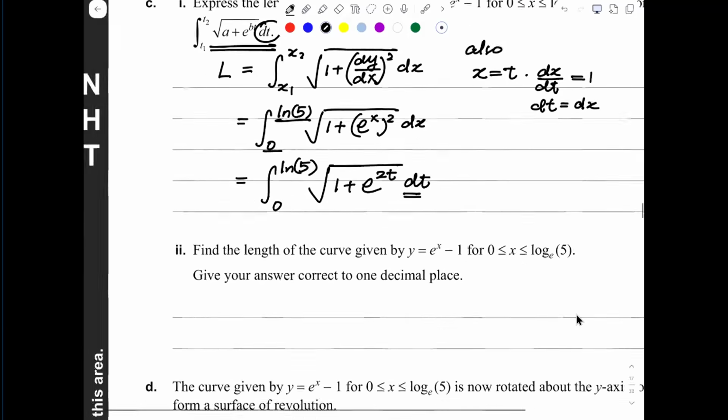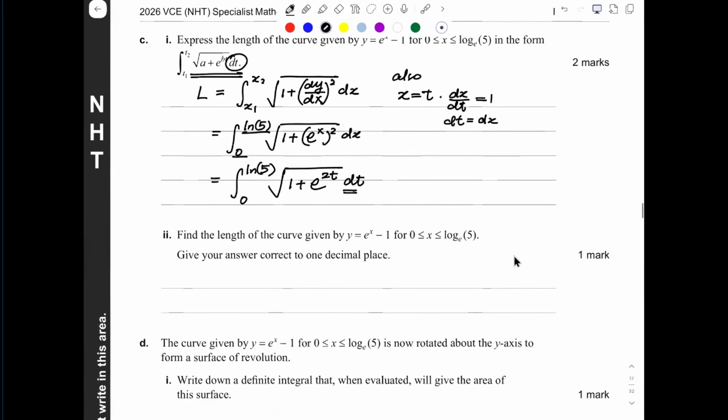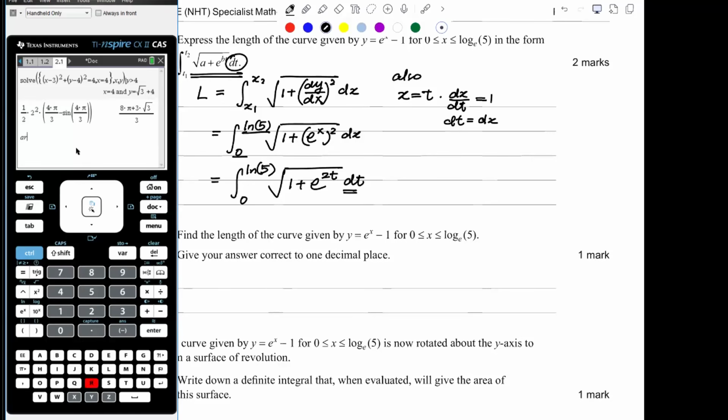Give your answer correct to 1 decimal place. Because for this particular case, you just have x in terms of t, the same thing. Therefore, you can use this command: e^x minus 1 from 0 to natural log 5.